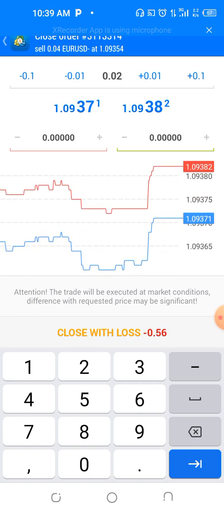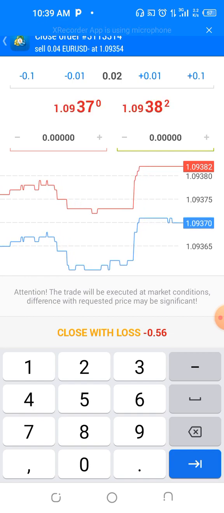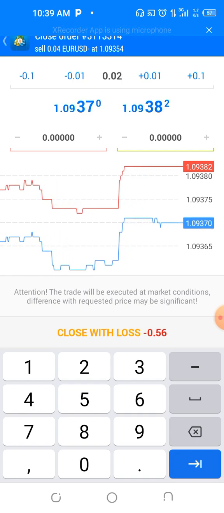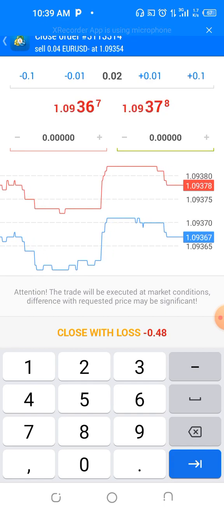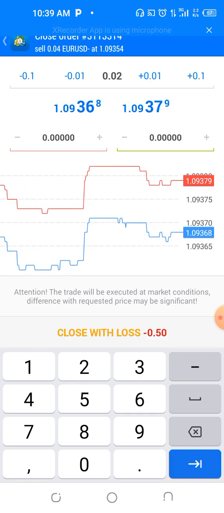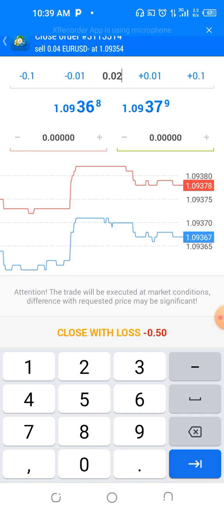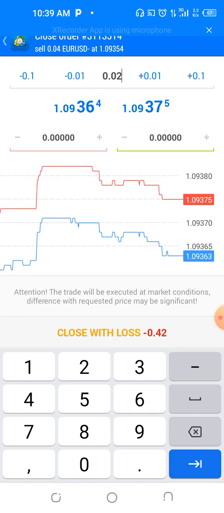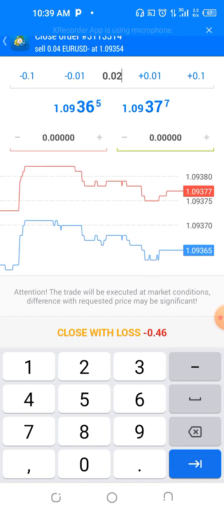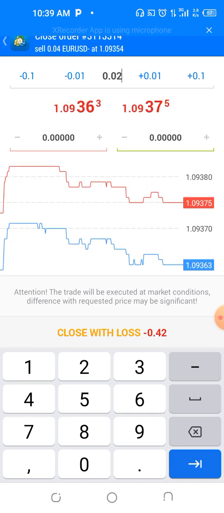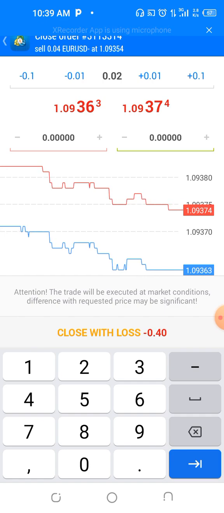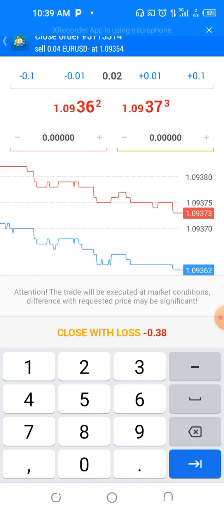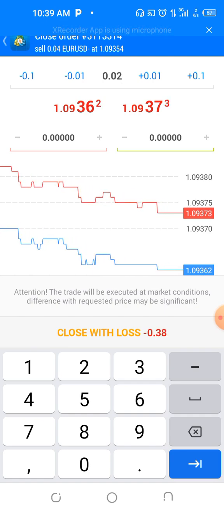Here now we are seeing close with loss of 56 cents, because we have reduced the lot size from 4 to 2. At 4, the loss recorded is more than this, about 80 something cents. So when we close, we discover that the market will still be running, but we have closed half of it. So let's just close.